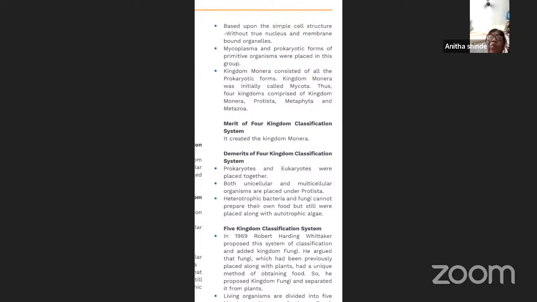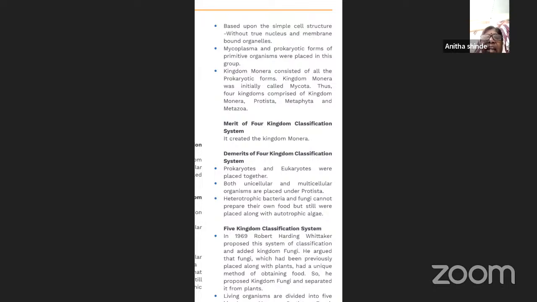So the merit of the four kingdom classification is that it has given another kingdom called Monera. The demerits are that prokaryotes as well as eukaryotes were placed together, so you cannot place them into one. Unicellular and multicellular organisms also cannot be placed under Protista, and heterotrophic bacteria and fungi cannot prepare their own food, so they cannot be placed under the autotrophic algae.